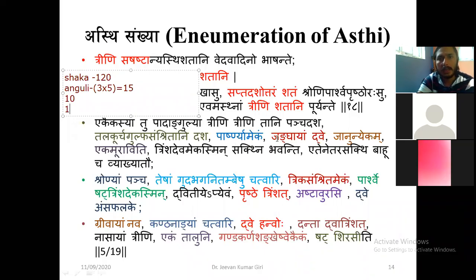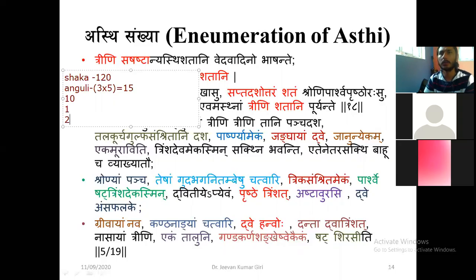Now see here, Janghayam Doya. In the Jangha region, Jangha means the leg region. Pashni is the heel. Talakurcha Gulfa Samsritam is actually the tarsal and metatarsal bones, that is 10. Pashniam, that is 1, the calcaneum or heel bone. Janghayam Doya, that is the bones of the leg.